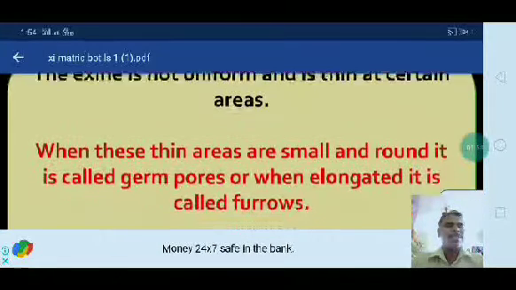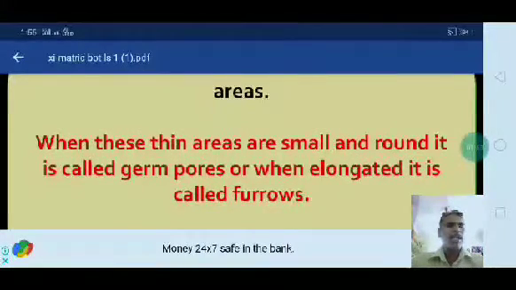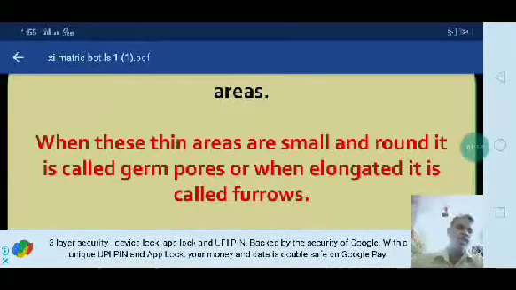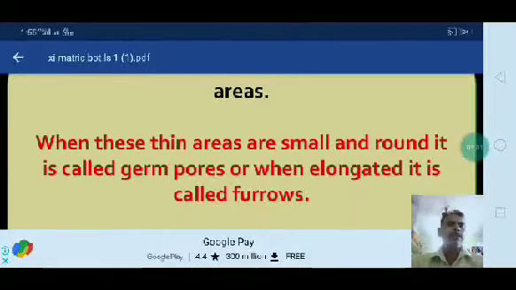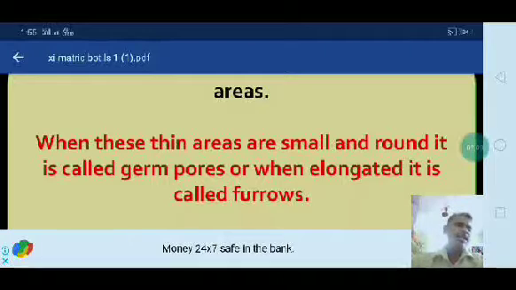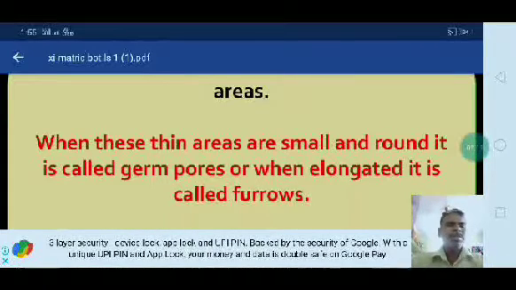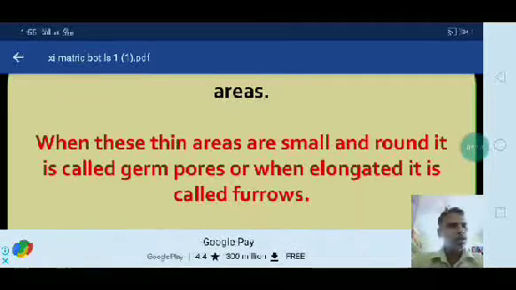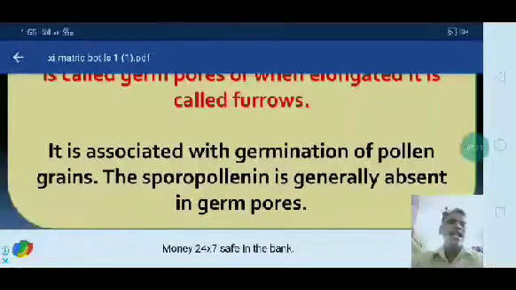Where the thin areas are small and round, they are called germ pores; when elongated, they are called furrows. These are associated with the germination of pollen grains.